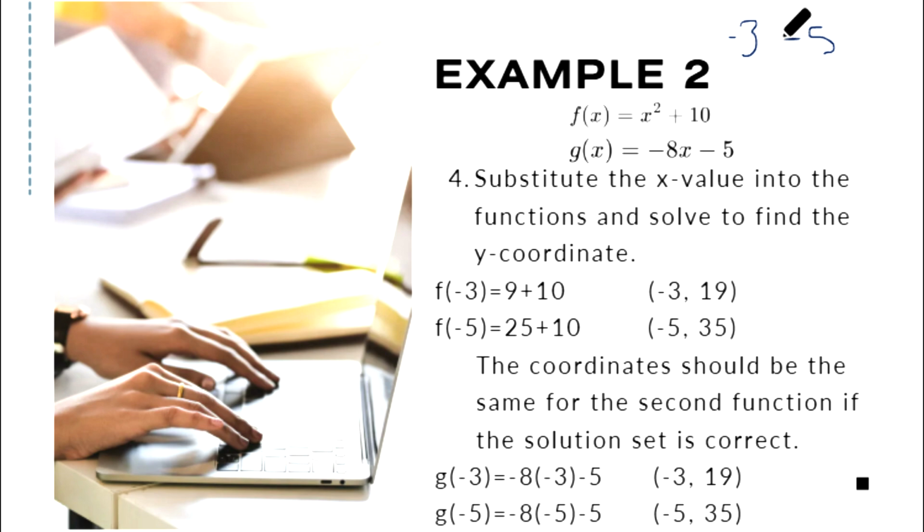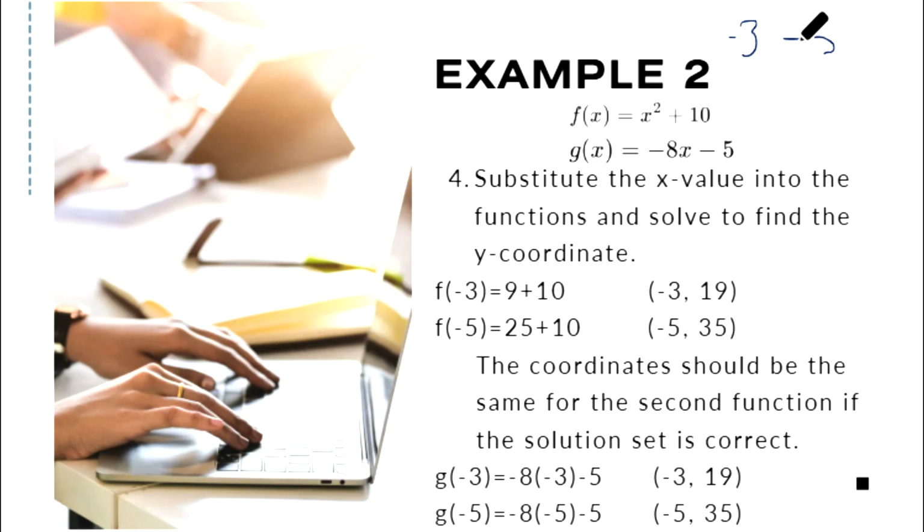So what they did was they took -3 and put it into f. Okay, so we had f of -3 is equal to -3 squared, which gave us 9, plus 10. -3 plus 10, negative 9 plus 10, I can do this, is 19. So our first coordinate point is that -3 that we put in for x and 19 for y.